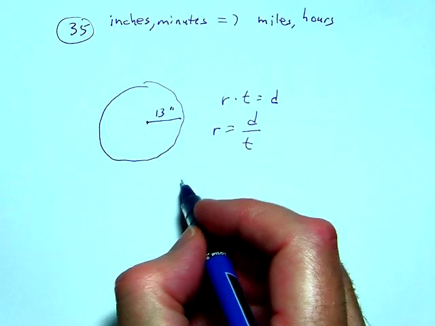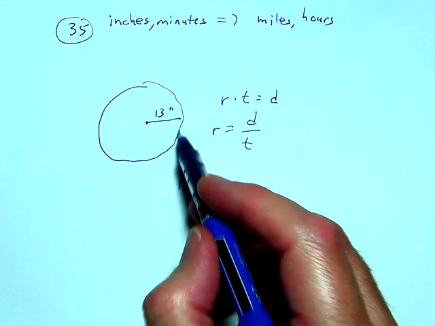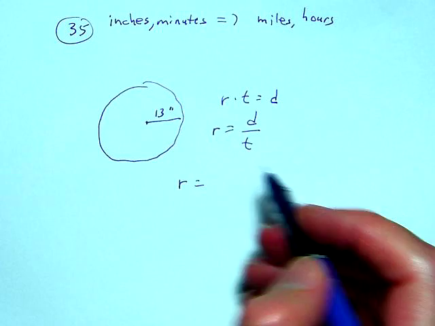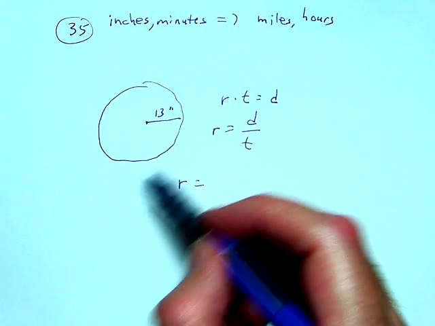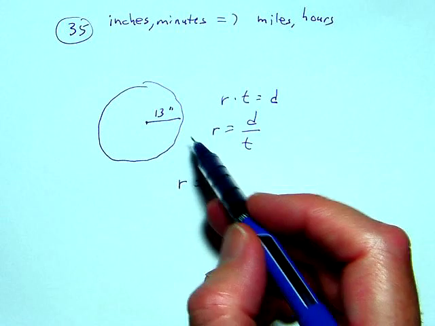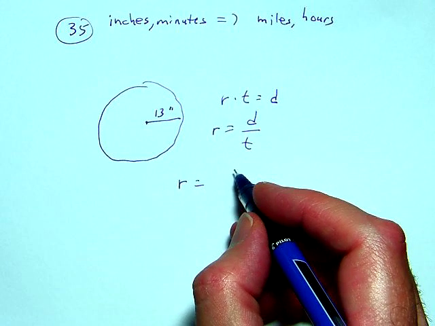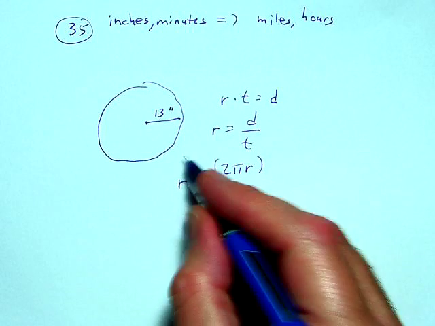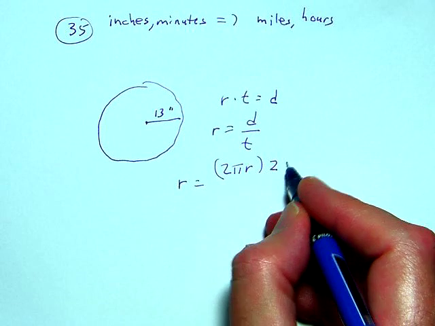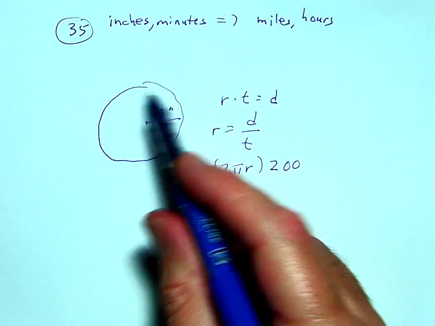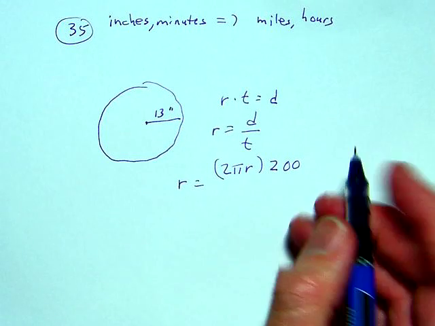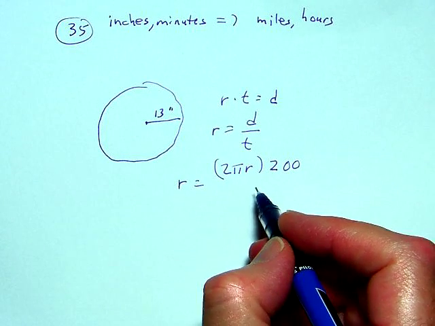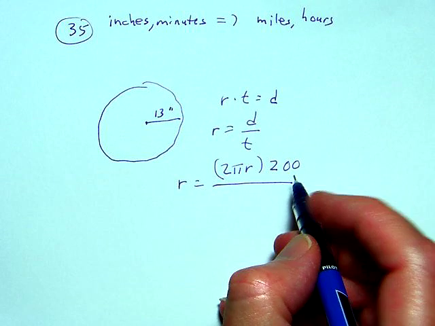So the total distance traveled, which is the same thing as how fast the bike is moving, is going to be 2 pi r, where r is 13, times 200 revolutions. That's the total distance that this tire is traveling, and that is going to be per minute.